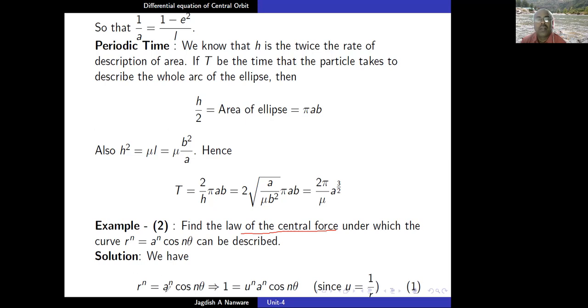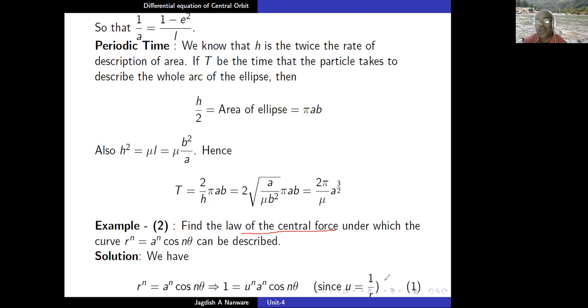So we have given curve r to the power n is equal to a to the power n cos n theta. Now we simplify this because we know that 1 upon r is equal to u, right? And therefore here if we divide this expression by r to the power n, what we get in the left hand side is 1, which is equal to a to the power n upon r to the power n, right?